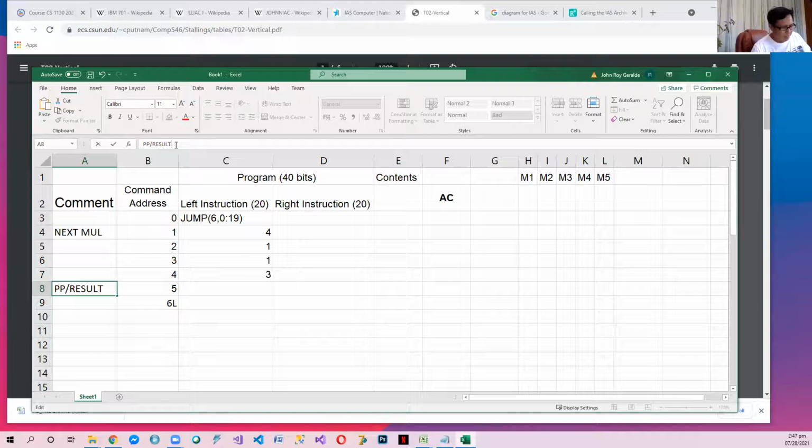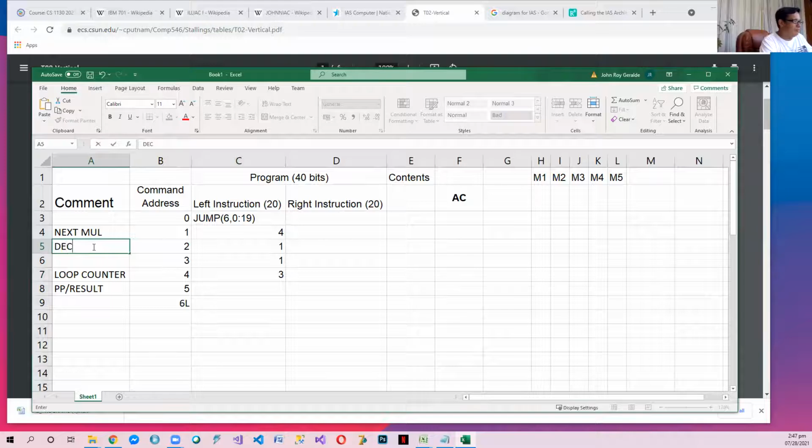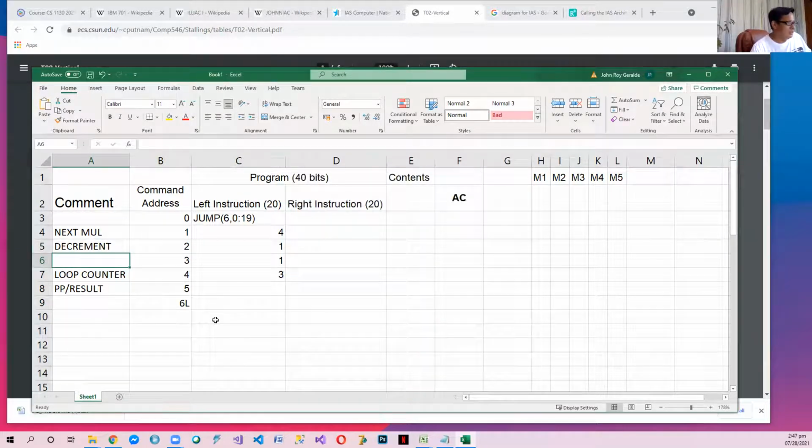Okay, PP stands for partial product. Okay, do you follow? This is our loop counter. Okay, how many multiplications do we need? We need, kasi we start with 3. Kasi pag 3 minus this and that, our jump plus will work. This will be our decrement. Okay, do you follow? Sorry, we can save, no?